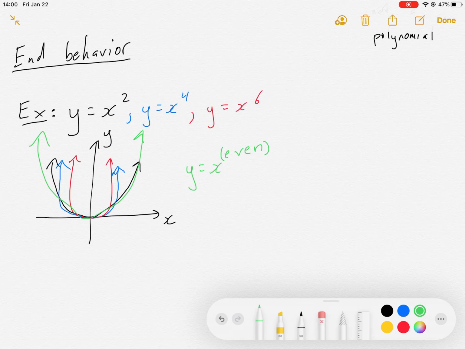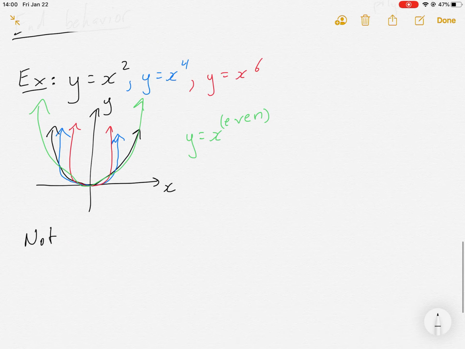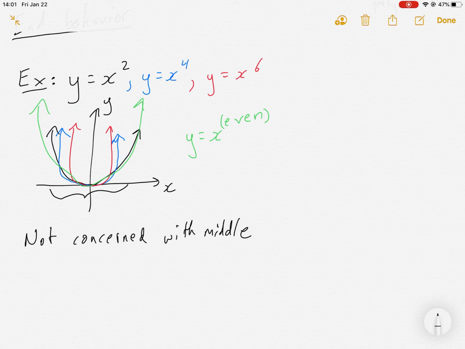So I don't really care what happens in the middle. We will come back to that. That's where the zeros will come into play. What I'm really interested in are these end behaviors here.